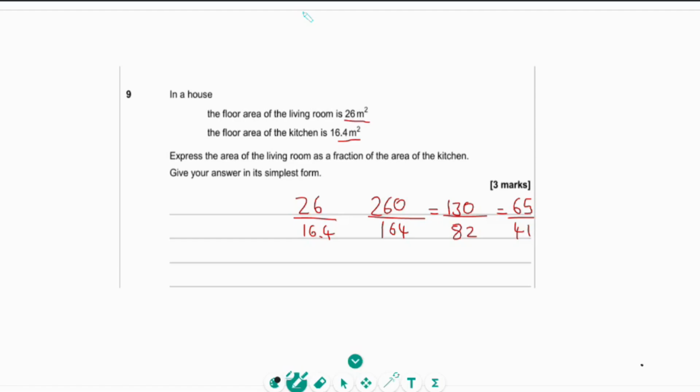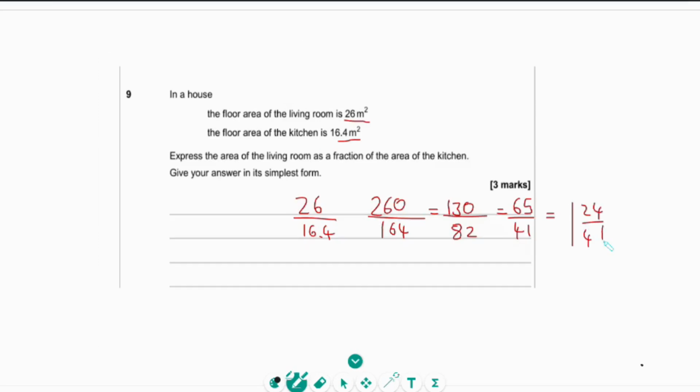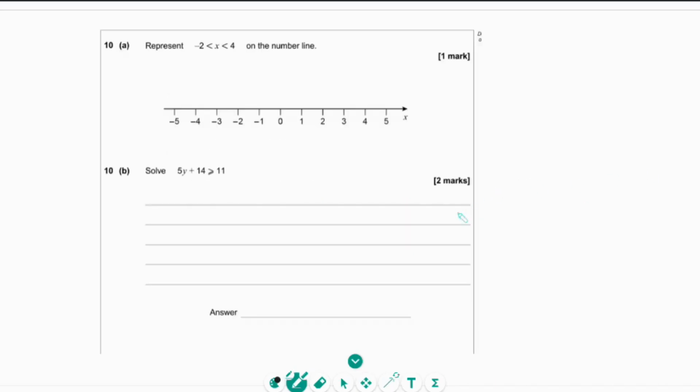So 65 over 41 or 1 and 24 over 41. So the two answers there. So either that answer or that answer is fine for your 3 marks.